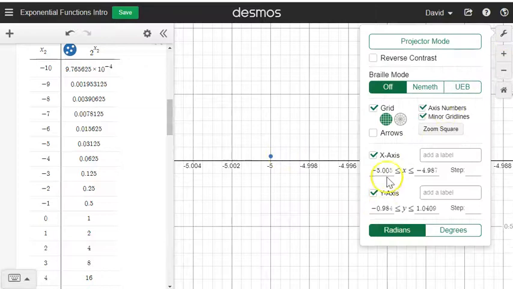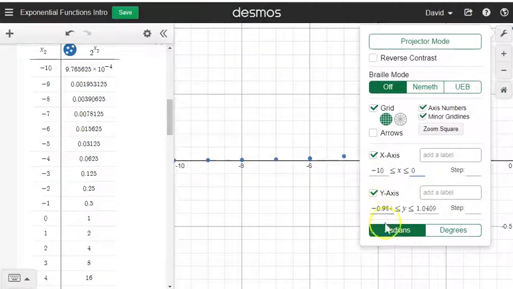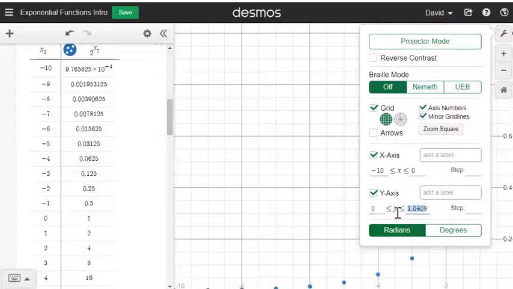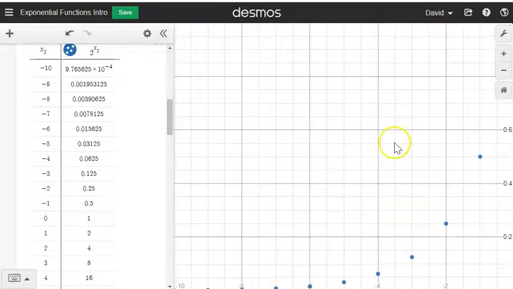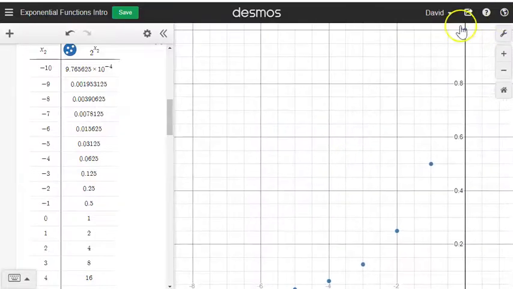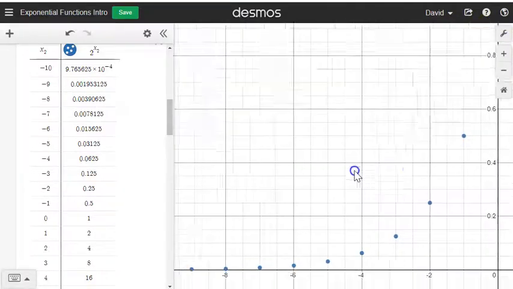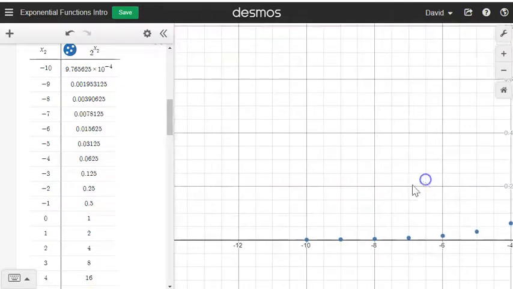So if we do a scale that's maybe -10, maybe just to 0 in x, but then maybe 0 to 1. Okay, so again, I'm not trying to make the scale really big. I'm just barely getting 2 to the 0 equals 1. And yet, once again, I have this phenomenon that the left-hand tail is very suppressed. And that's just how exponential functions work.